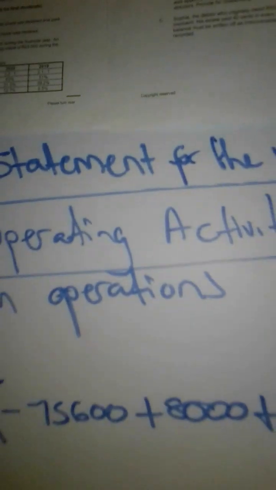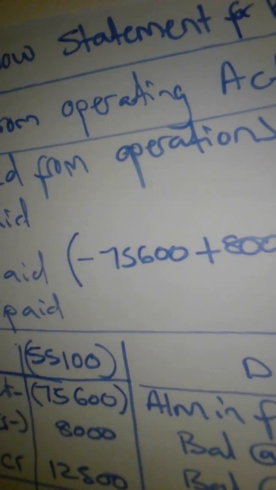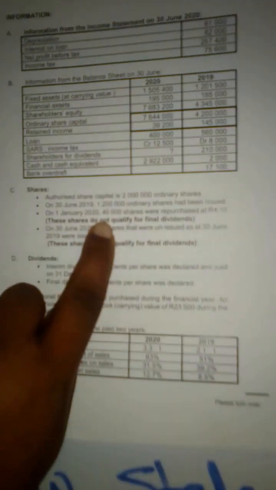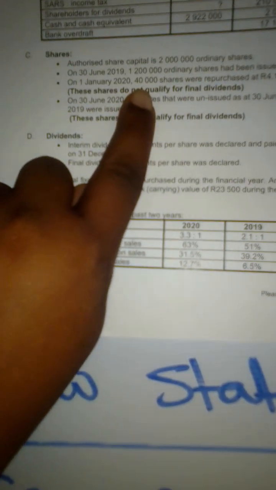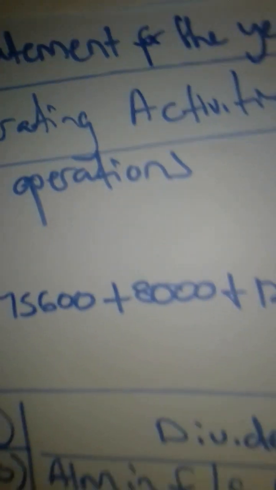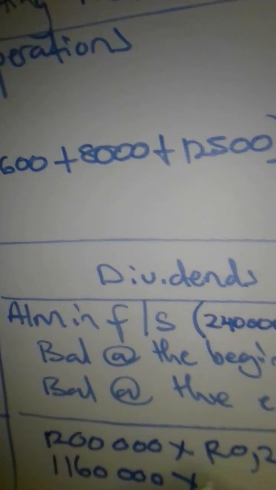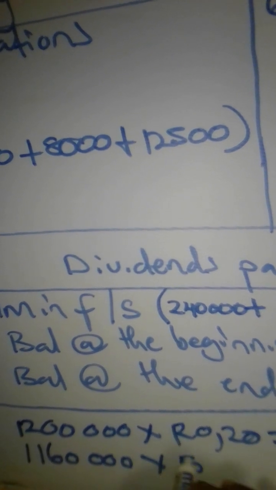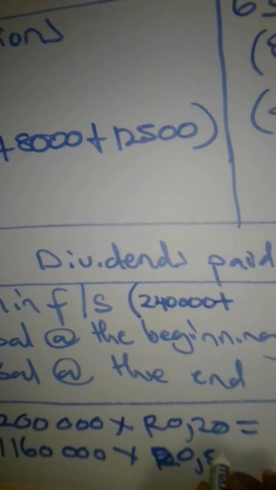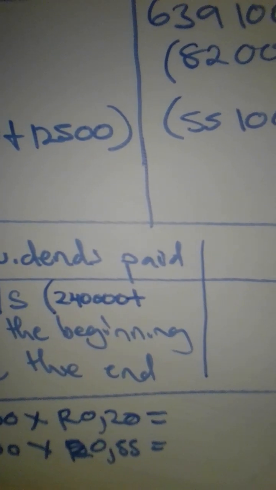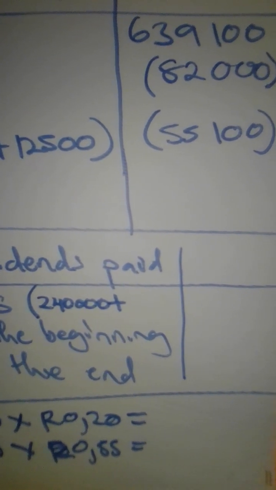We are going to say 1.2 million minus the repurchased shares, which leaves us with 1,160,000 shares, multiplied by 55 cents.